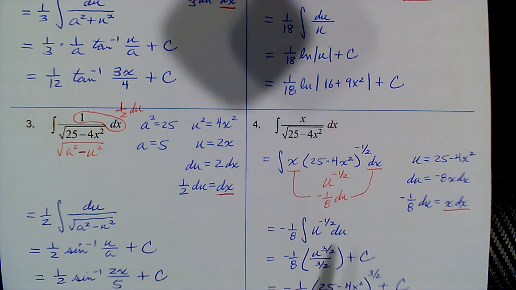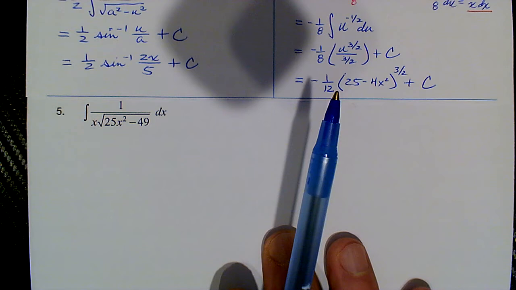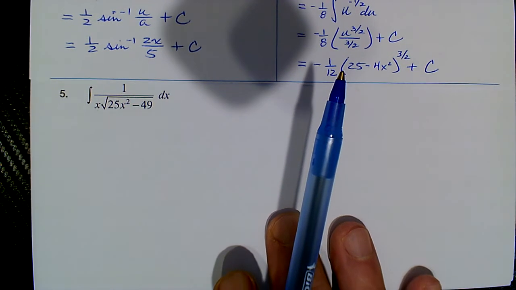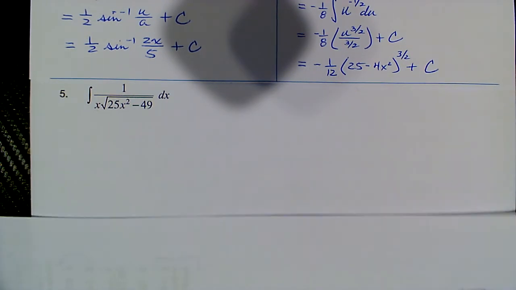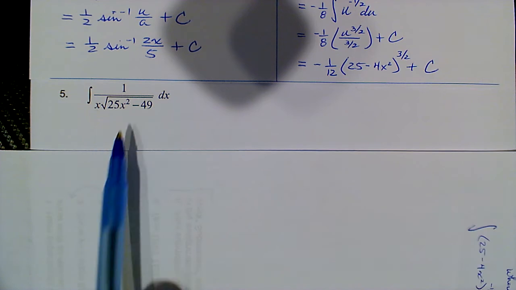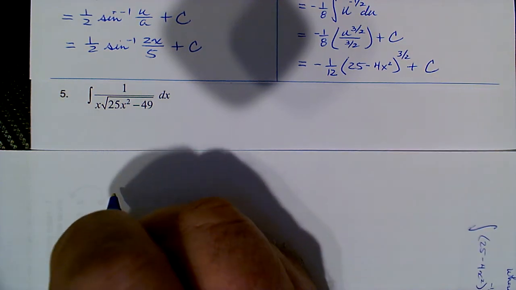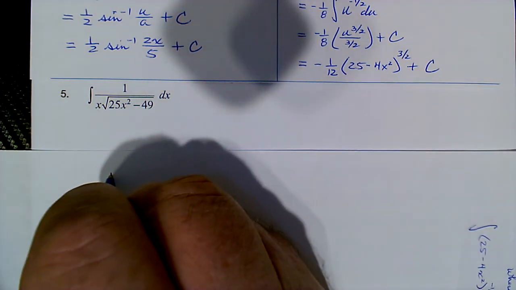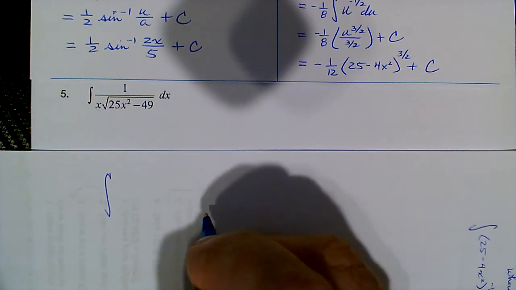Now, if we look at question number 5, the first question we ask is, okay, it's a fraction, is the denominator a power? Yes, it's a power because it's under the radical, so therefore we try to fit the form of u to the n. And you don't have to write this down. I'm just going to justify why it's not going to work.